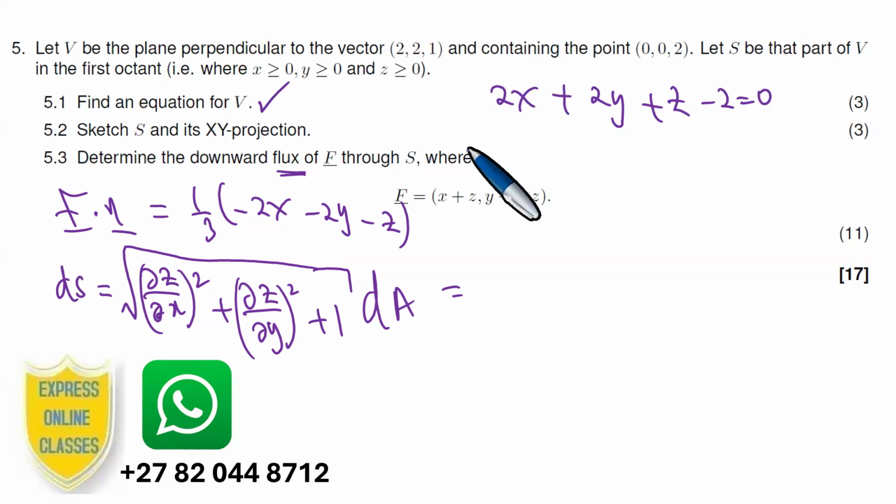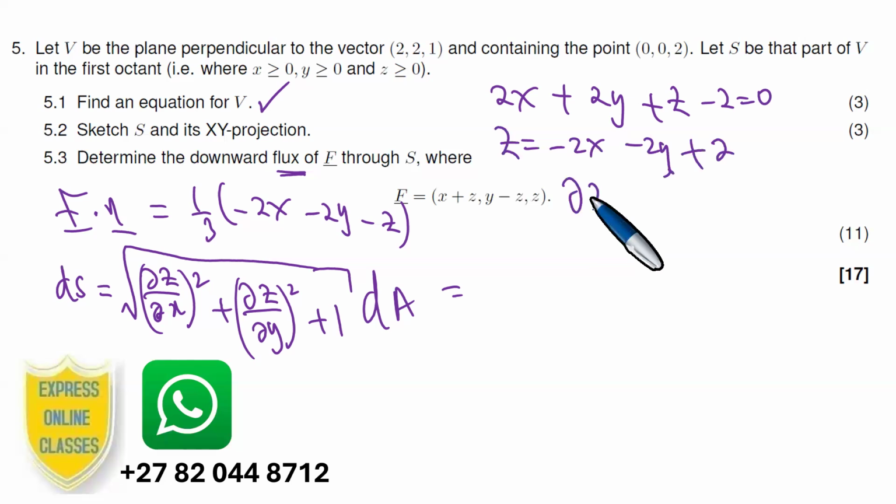Now, with this, what will z be? z will be minus 2x minus 2y plus 2.